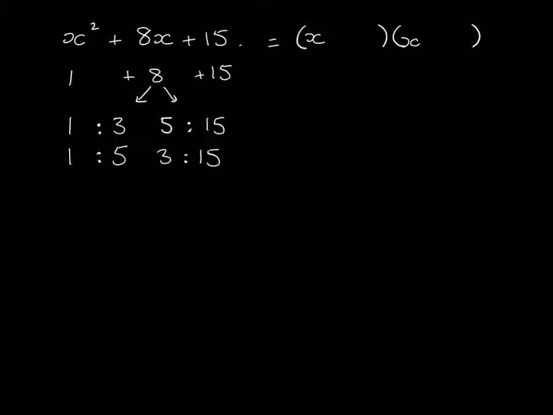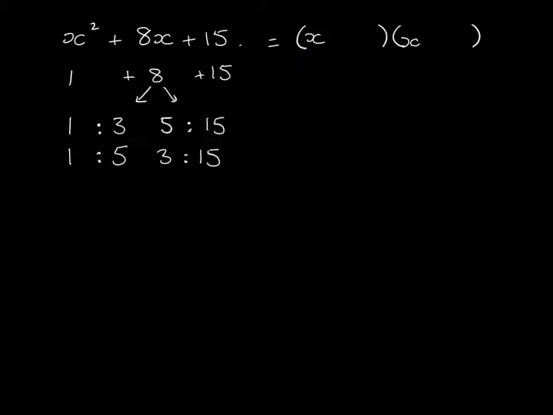Now, what I've got here is this simplified version, the simplest ratio I can using these numbers, 1 to 3. And I've got the simplified ratio here, 1 to 5. I started off with x squared, so this 1 is basically 1x, and so is this one, which I've got here in my first bracket and here in my second one.